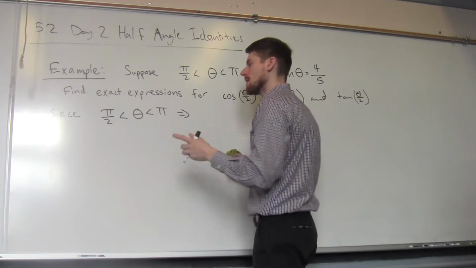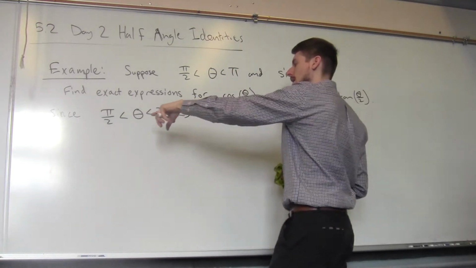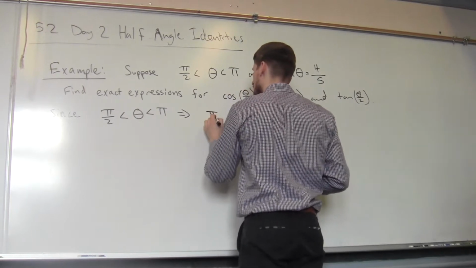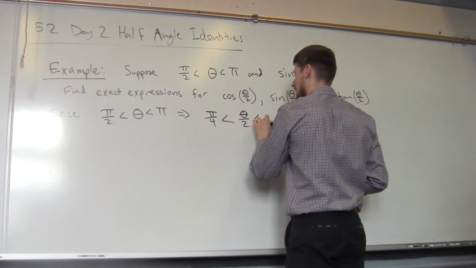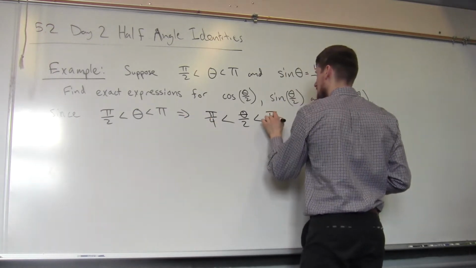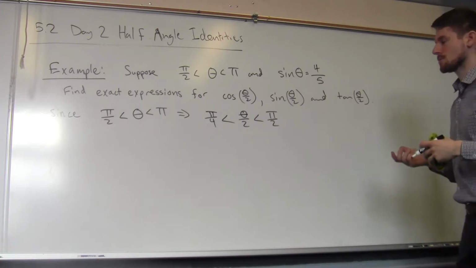Half of 90 is 45, so this would be pi over 4. And half of pi is pi over 2.